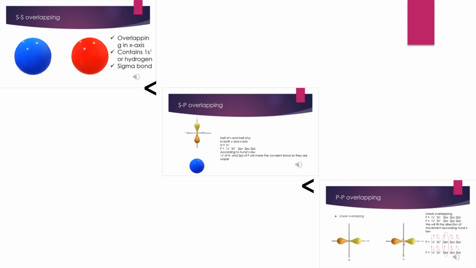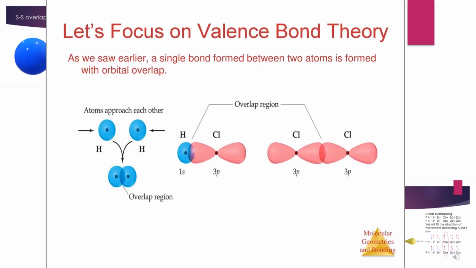Now let's talk about the energy. We know that s-s overlapping has less energy than s-p, and s-p has less energy than p-p. How? Let's focus on the configuration. When these two same regions of hydrogen overlap with each other, there is less energy.